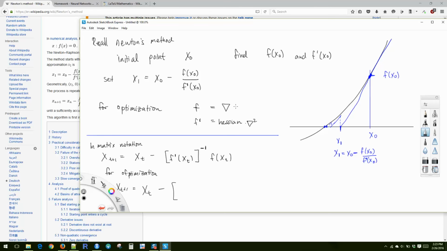I guess we can just say some function g. So this is effectively the Hessian of some function g at x at time t, inverse, times the gradient of g of x at time t. So it requires that we calculate this as such.